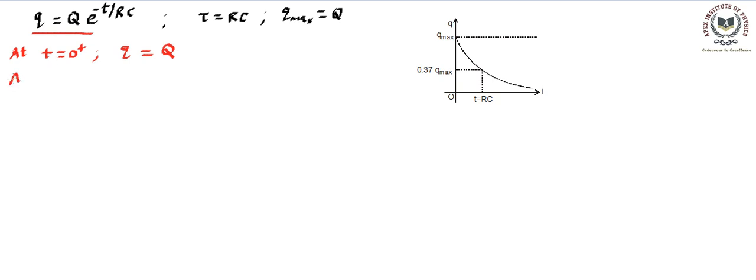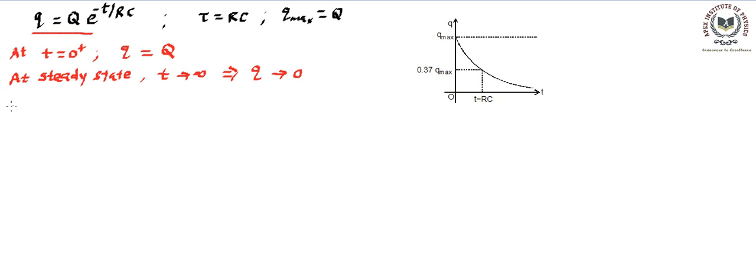And when we say at steady state, or after long time, or at t tending to infinity, all will have the same meaning. So I'm writing at steady state or after long time, we need to place t tending to infinity. So when I say t tending to infinity, it implies the charge will tend to 0. That means the capacitor will get completely discharged, right?